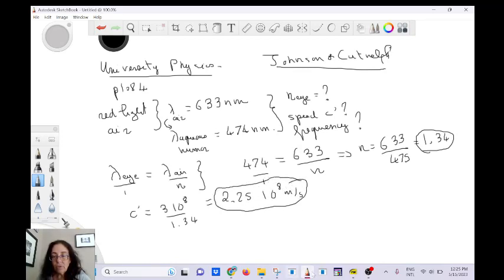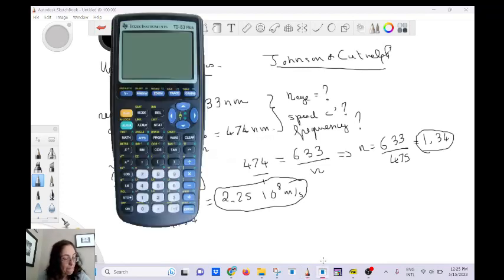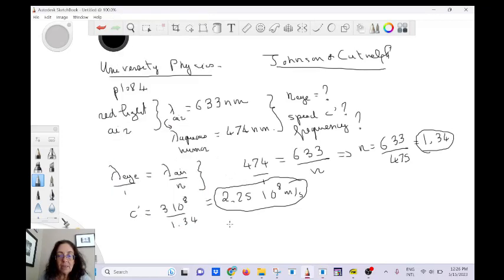If you want to do a percentage, it's 2.25 divided by 3. That's about like water, right? It's about 75%, so it has lost 25% of the speed. It's about the same as water. So the frequency should still be red.